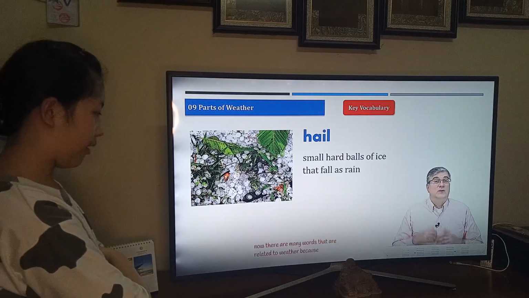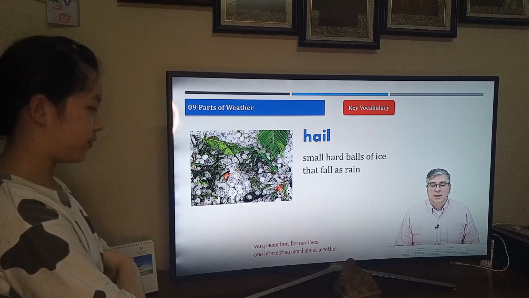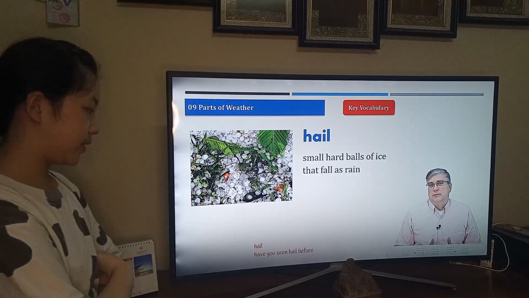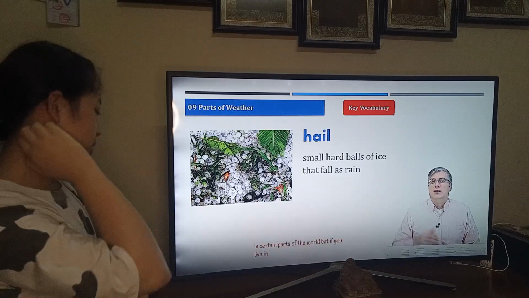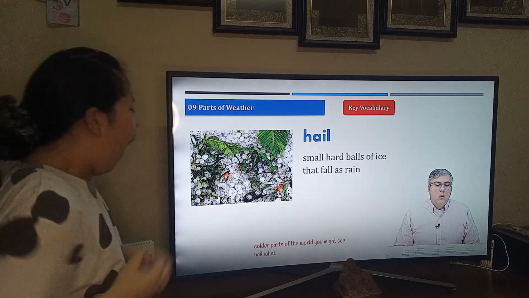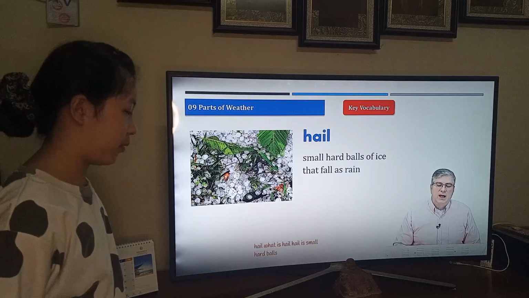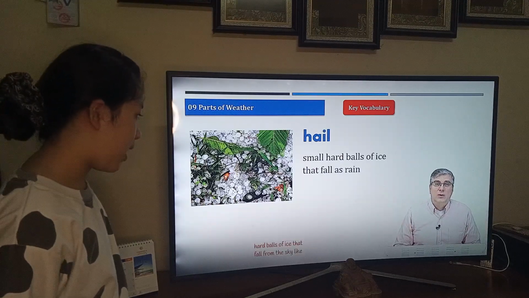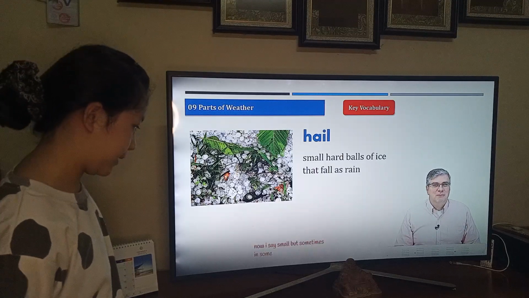Now there are many words that are related to weather because they're very important for our lives. One interesting word is hail. Have you seen hail before? Sometimes hail doesn't happen in certain parts of the world. If you live in some colder parts of the world, you might see hail, which is small hard balls of ice that fall from the sky like rain.